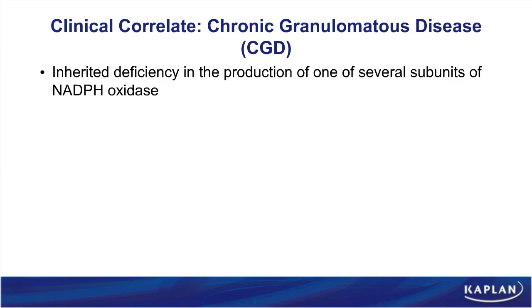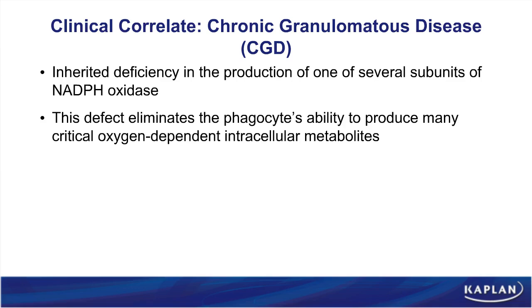CGD is a deficiency in the production of one of several subunits of NADPH oxidase. And essentially, this takes out Plan A, right? So Plan A of oxygen-dependent killing mechanisms is to generate the oxygen radicals and hydroxyl radicals that we talked about. And what happens when we don't have those oxygen radicals is we rely on the backup plan. So remember, myeloperoxidase is our backup plan.